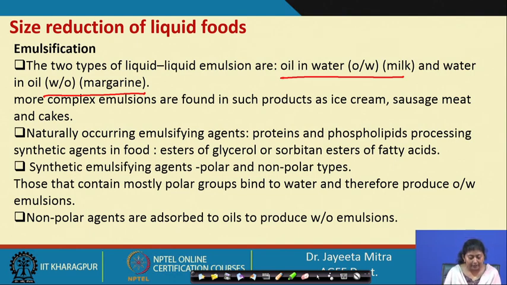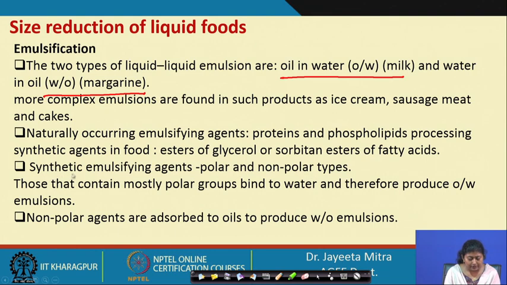Now, there can be naturally occurring or synthetic emulsifying agents that we commonly use. Naturally occurring emulsifying agents are protein and phospholipids, that we use in the processing. The synthetic agents in food are esters of glycerol or sorbitol esters of fatty acid. Okay.